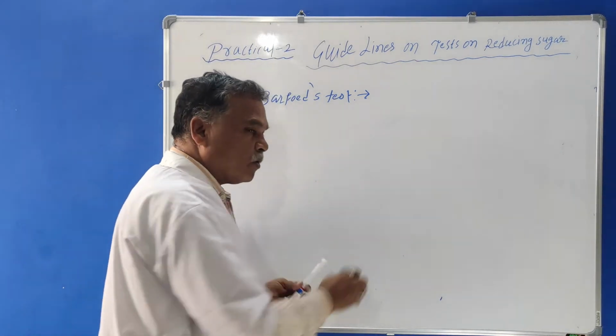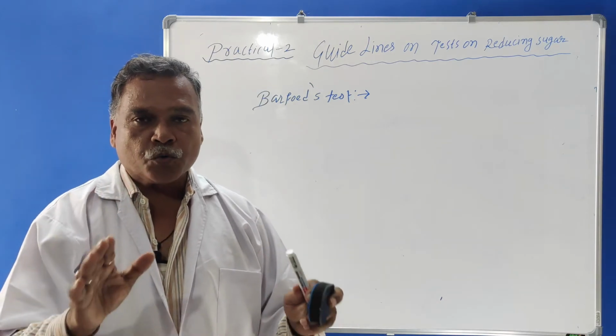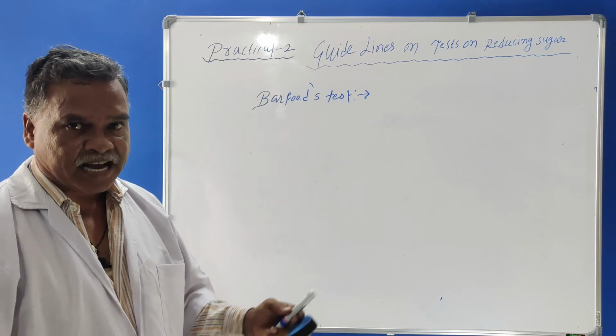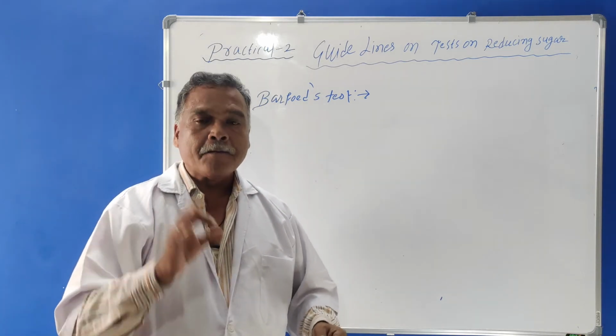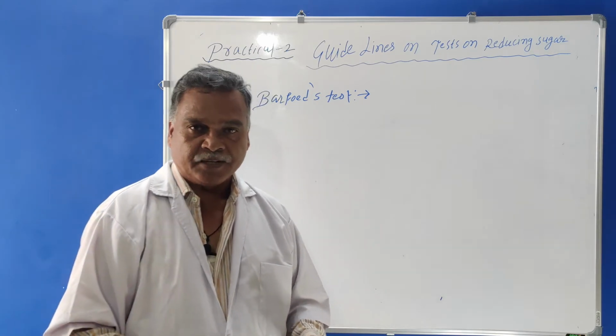This is the main object of this test, that is why the Barfoed test is done. If it is asked in the examination, then you can say that this test belongs to the monosaccharide, to distinguish monosaccharide from the disaccharide.